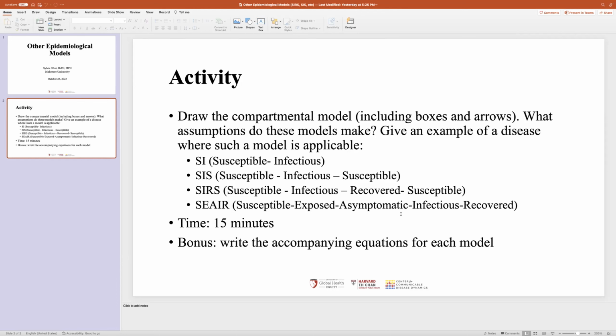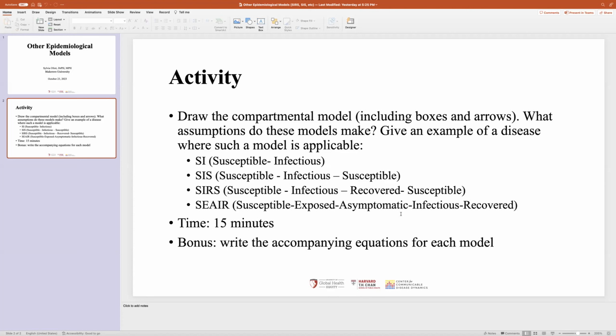And I think you mentioned how the asymptomatic compartment would be accounted for in the transmission dynamics, right? Remember in the previous SIR models, and that was a question that Proscovia had asked about, looking at the force of infection, we only had individuals in the infectious compartment being able to transmit to the susceptible individuals.